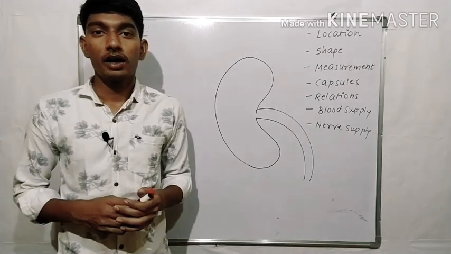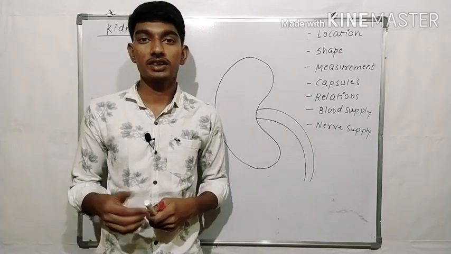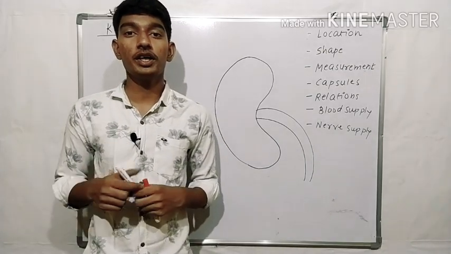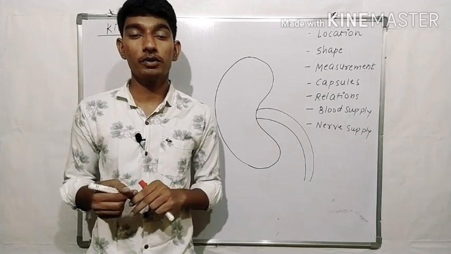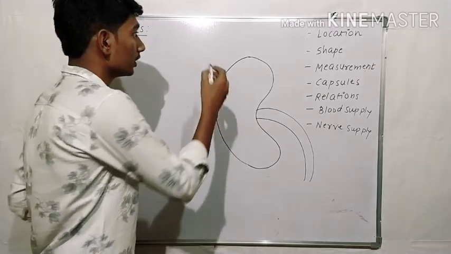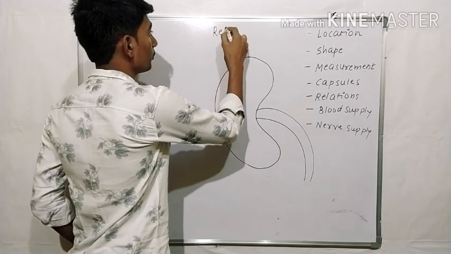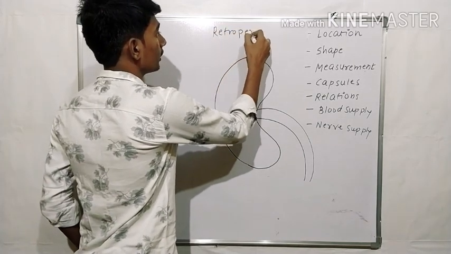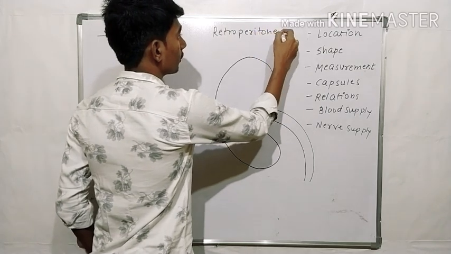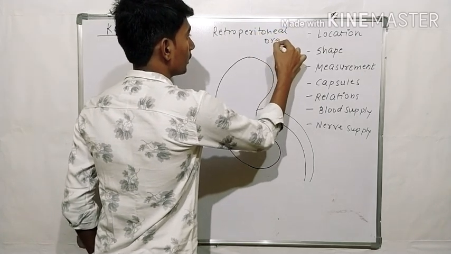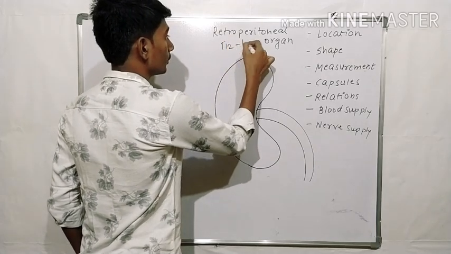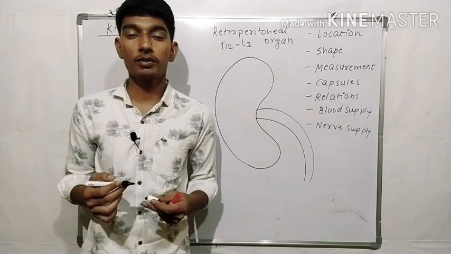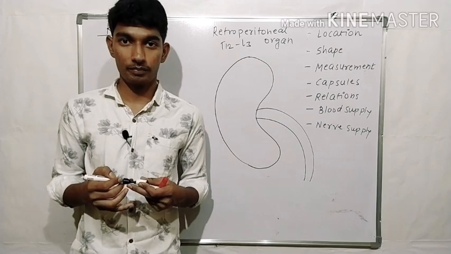Now coming to the location of the kidney. As we have studied in previous classes, the kidney is a retroperitoneal organ located on the posterior abdominal wall. The level of the kidney is from the 12th thoracic vertebra to the 3rd lumbar vertebra.